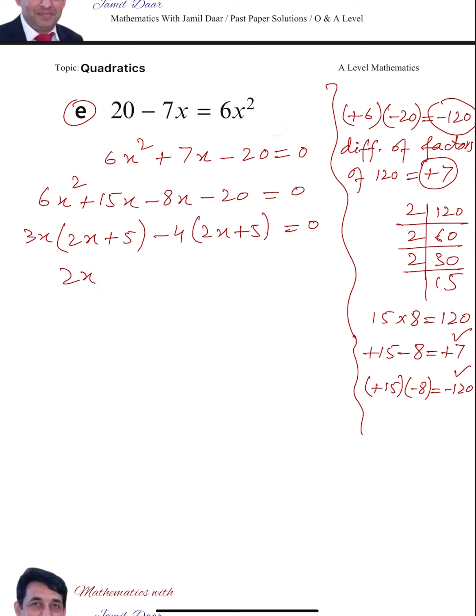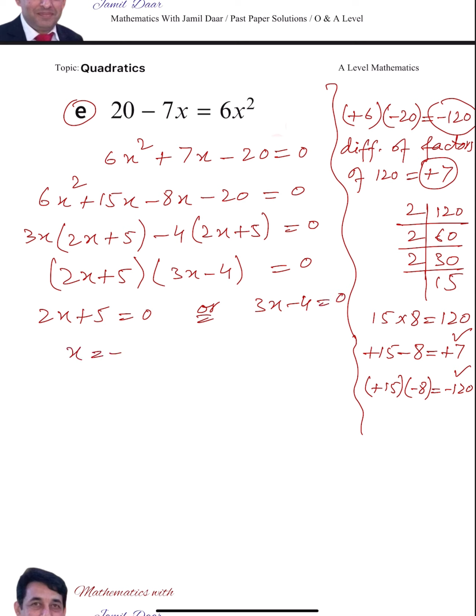And taking 2x plus 5 as common, and 3x minus 4 is equal to 0. 2x plus 5 is equal to 0, or 3x minus 4 is equal to 0. X is equal to minus 2.5, and x is equal to 4 by 3. That would become 1.5, 1 by 3. Okay, you got these two answers.